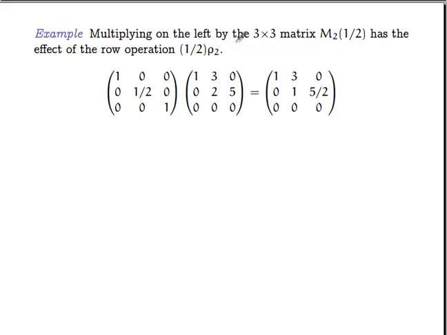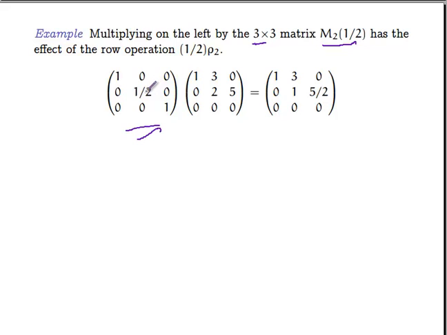Now, suppose I multiply on the left by M2 of 1/2. This is the elementary matrix that corresponds to multiplication of the second row by 1/2. Remember, we got M2 of 1/2 by applying multiplication of the second row by 1/2 to the identity matrix. Here it is right here. Take the second row of the identity matrix, multiply it by 1/2, you get this.